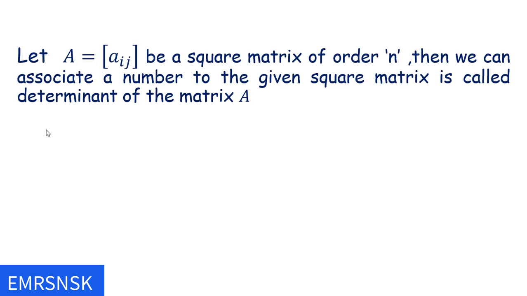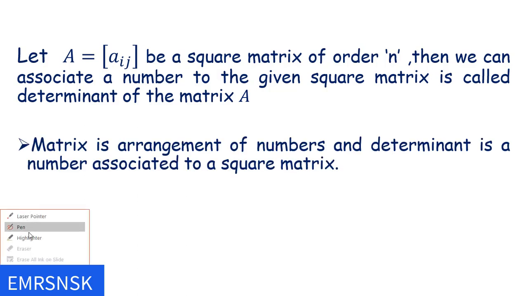Now suppose we are given a square matrix Aij of order n, then we can associate a number to a given square matrix, and that number is called the determinant of a matrix.